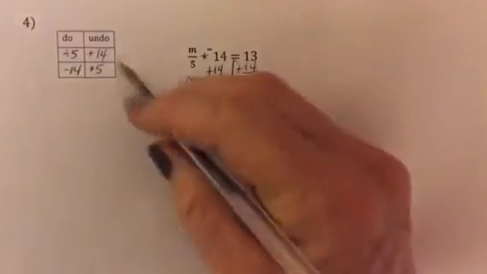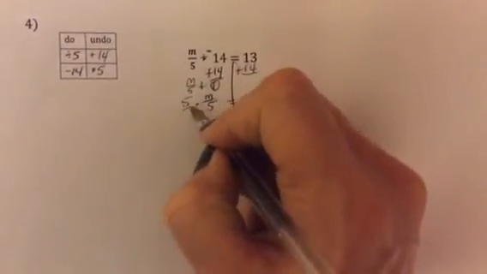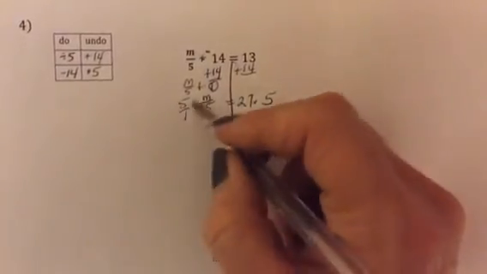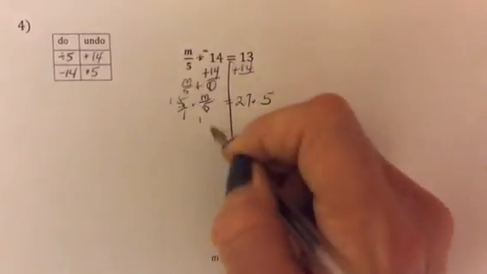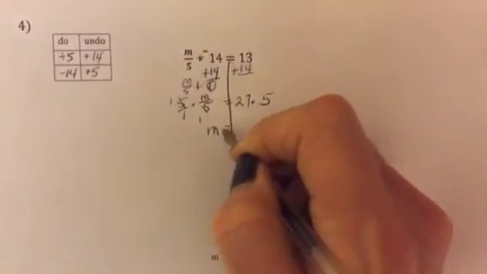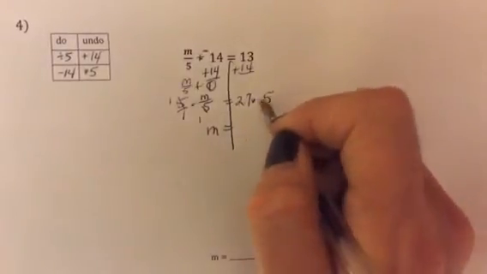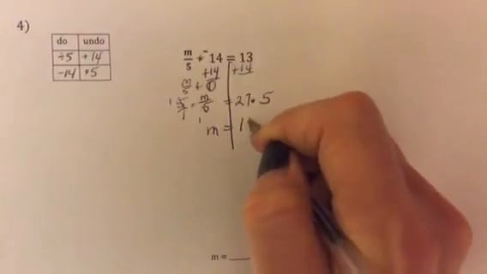Then we're going to multiply both sides by 5. On this side, I'm going to put 5 over 1. This side, I'll just put 5. Now, on the left side, the 5's divide out, and I get 1m, or m alone. And then 27 times 5, well, 5 times 20 is 100. 5 times 7 is 35. So that's going to be 135.